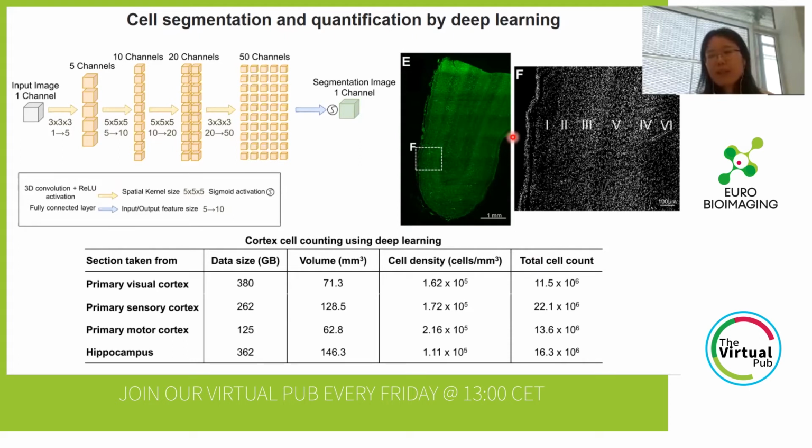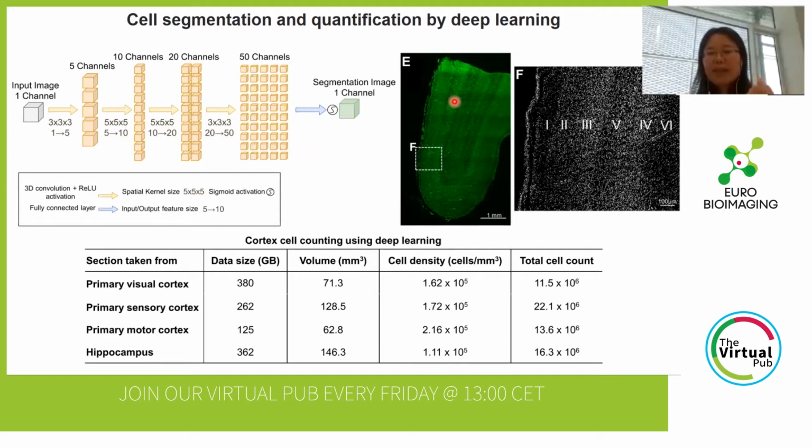Here we imaged the cell nuclei of human brain regions. Using this network, we want to do detection, segmentation, and counting of the cells in the image data.